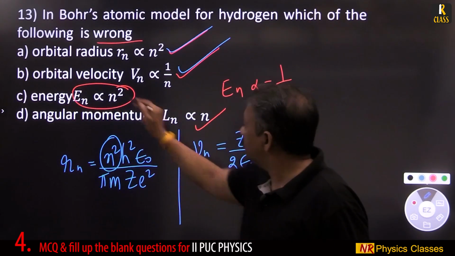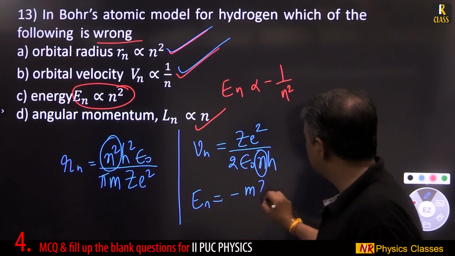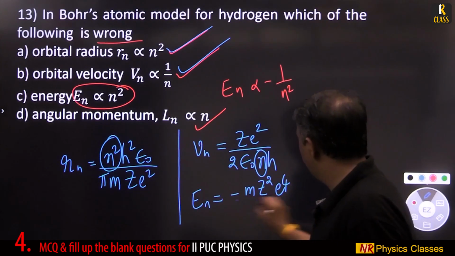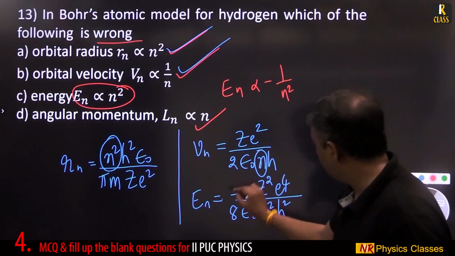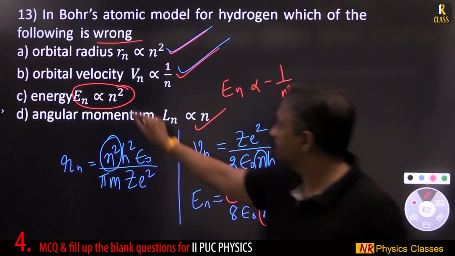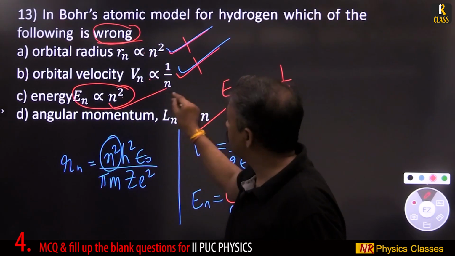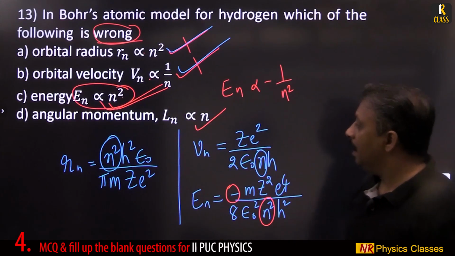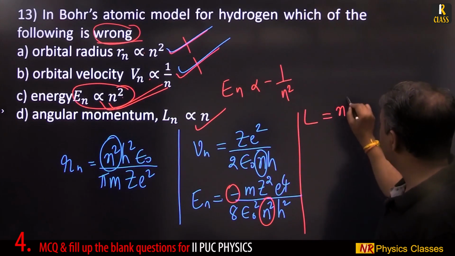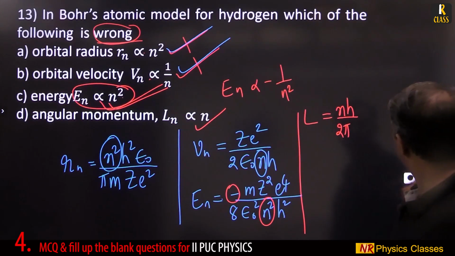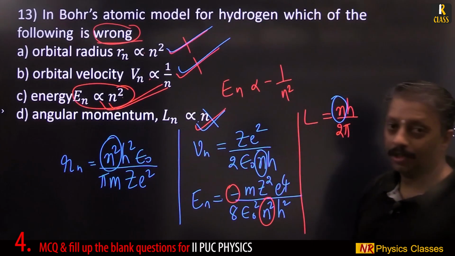Energy is given by minus m z square e to the power of 4 by 8 epsilon naught square n square h square, so it is proportional to minus 1 by n square. These two are correct, therefore we want a wrong option, therefore C. And for angular momentum, from Bohr's postulate, angular momentum is n h by 2 pi, proportional to n. Even this statement is correct. We don't want that.